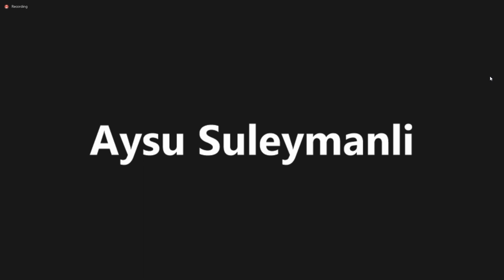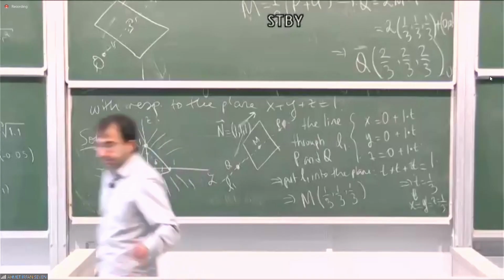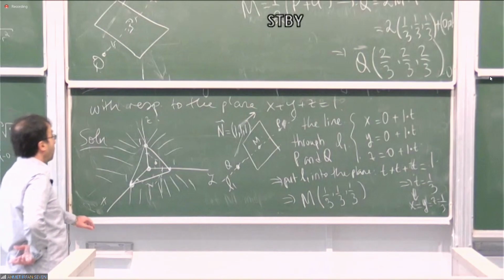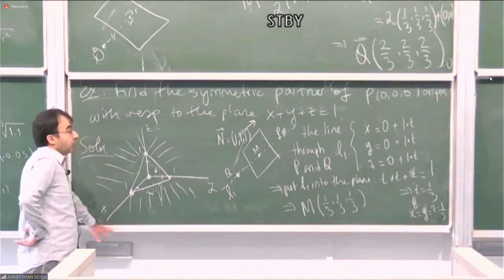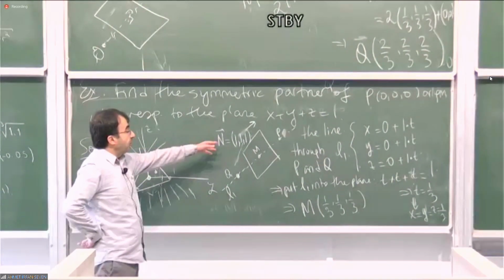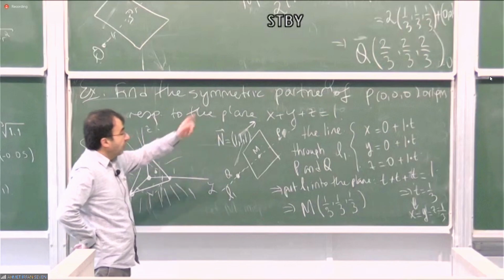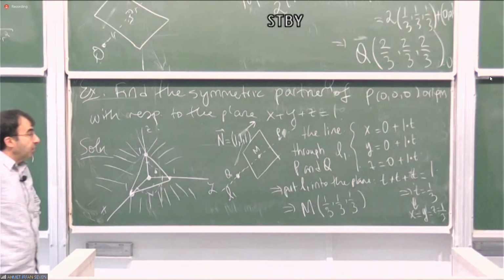All right, so this is how we find a symmetric partner with respect to a plane. Nothing changes. We write the normal vector and observe that the normal vector of this plane will be the direction vector for the line through P and its symmetric partner.